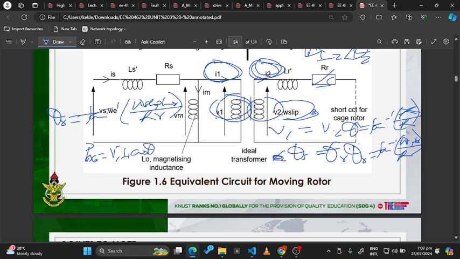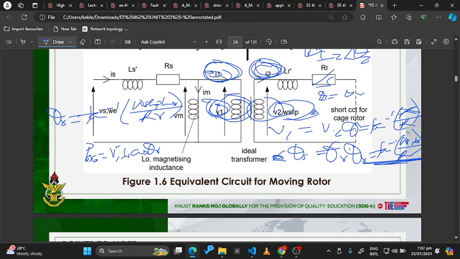So that will be theta R, because we said this current is equal to this current, and we said that theta S is equal to theta R. The phase between this point and the voltage is equal to the phase between this current and the voltage, and this is how we calculate that phase.